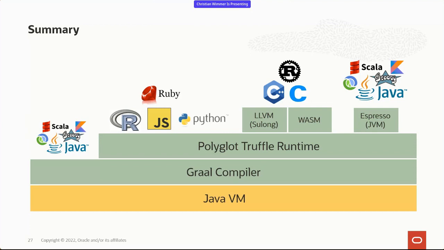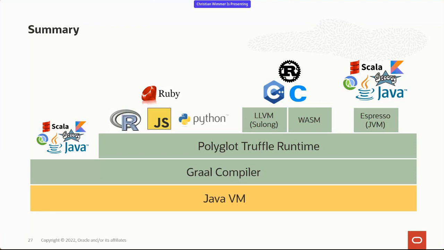So now you actually have two ways to run C and C++ code in our Truffle system. You can run it either on the LLVM-based system, or you can run it on the WebAssembly-based system. And then, because of metacircularity reasons, we also implemented a Java bytecode interpreter on top of this Polyglot Truffle runtime.